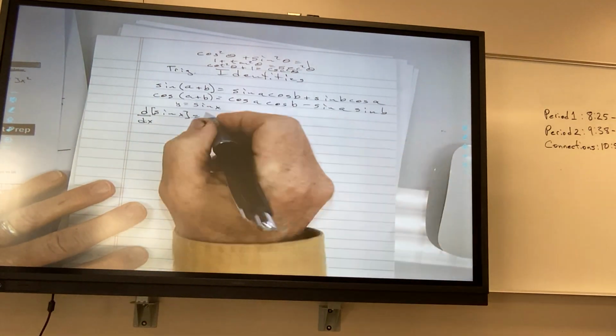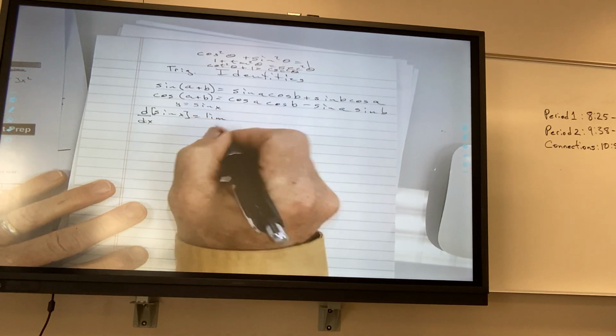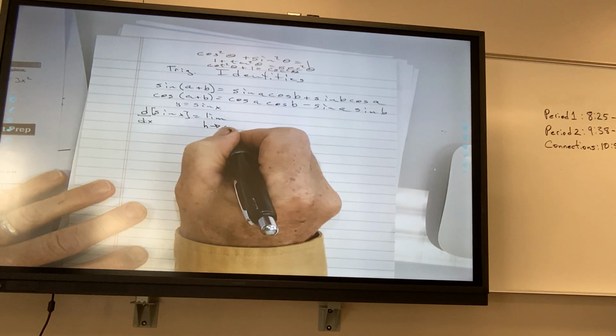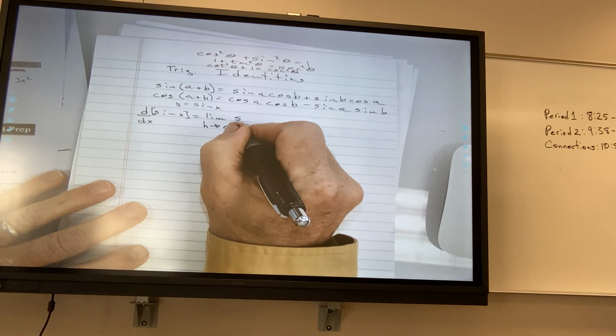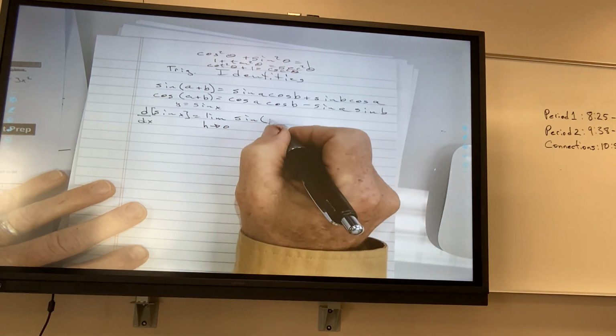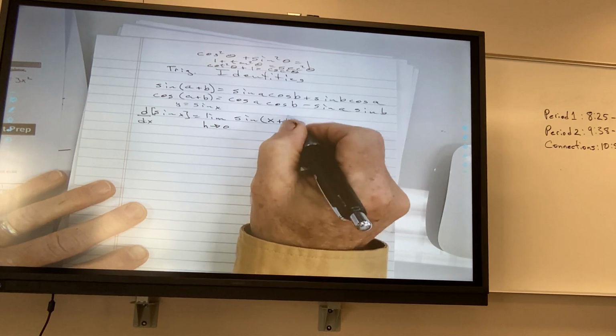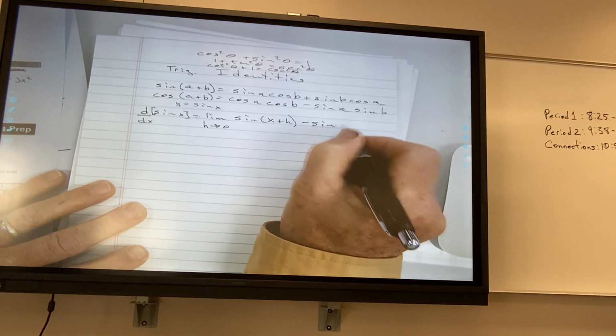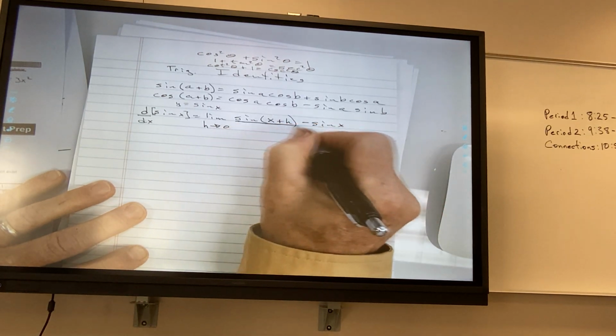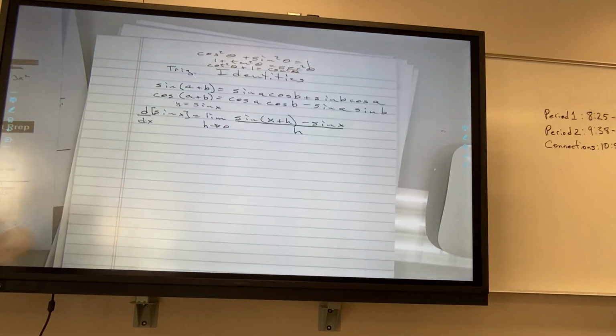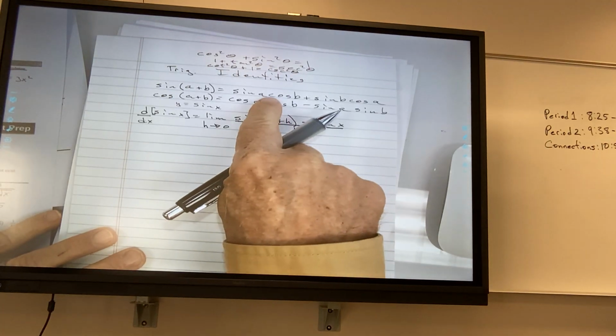Well, I have no idea, except I know this rule, the definition of how to figure out the derivative, which I just talked about a sec ago. And you can't do this algebraically. It's impossible. But what I can do is use this rule right here.